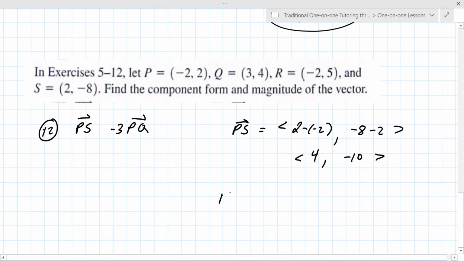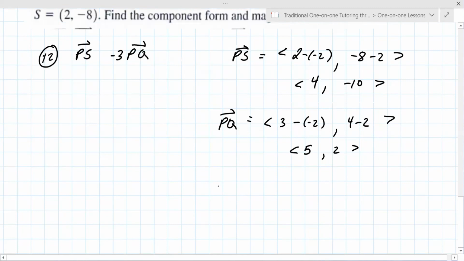And then PQ, same deal here. It's 3 minus a minus 2. So I'm using the X values there, comma, 4 minus 2. And so that gives you 5, comma, 2. And then you need to multiply it by 3. So 3PQ is 15, comma, 6.